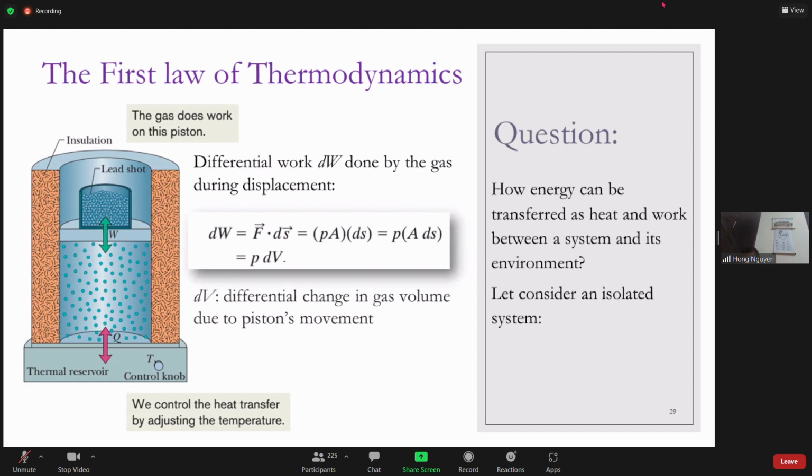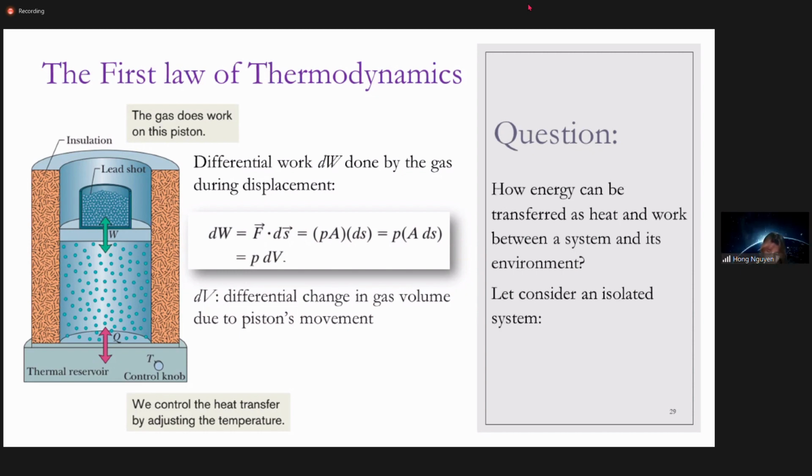Now, this is the force. If we want to estimate the differential work, so we call it dW, the differential work done by the gas during this displacement, then we can calculate it using this formula.